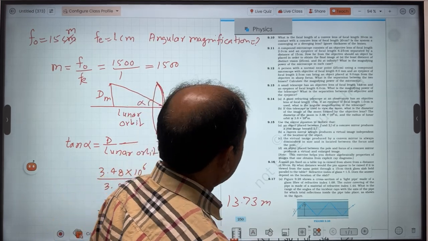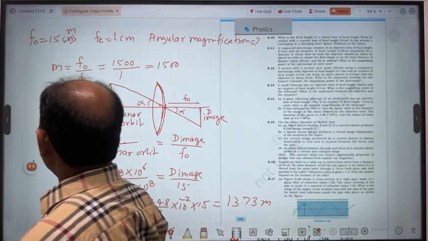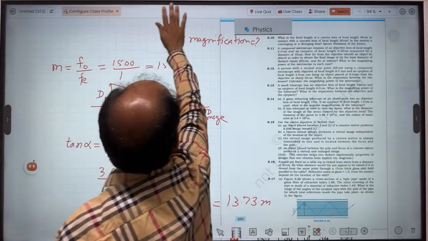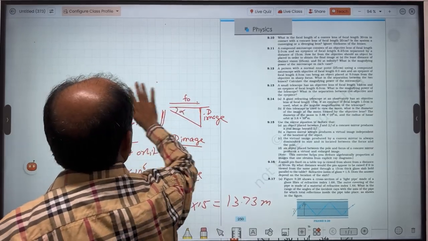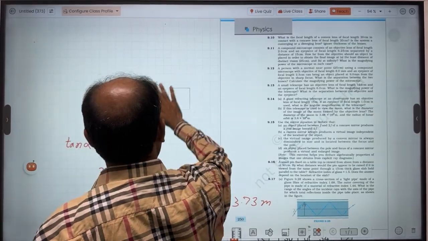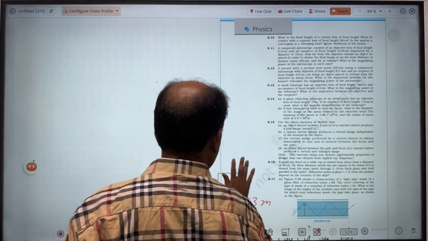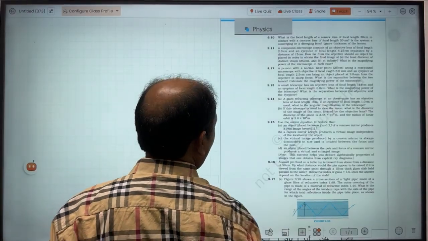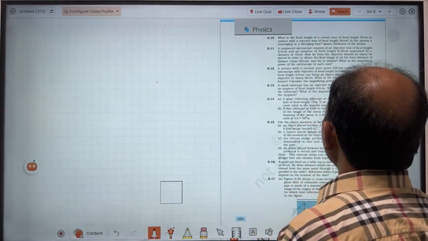13.73 meter. It is a little complicated, but I think you can easily do it. Now, let's do the next question. Question number 15, I am leaving for you.